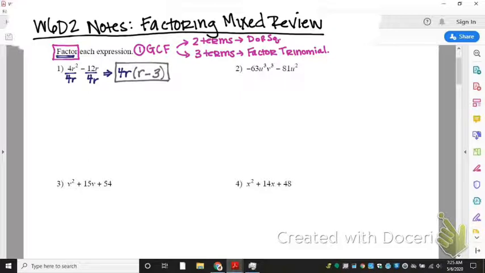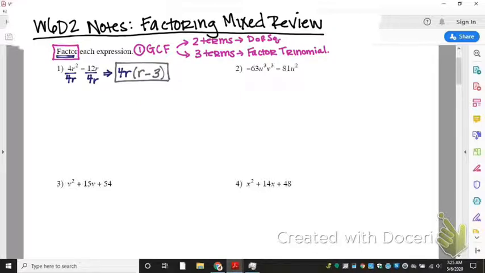For number 2, we have negative 63 u to the third v to the third minus 81 u squared. So for this one, since our leading coefficient, or the number in the front, is a negative number, we're going to factor out a negative number. If you remember this from the GCF lesson, you might not, and that's okay.